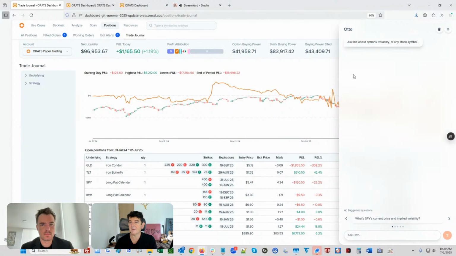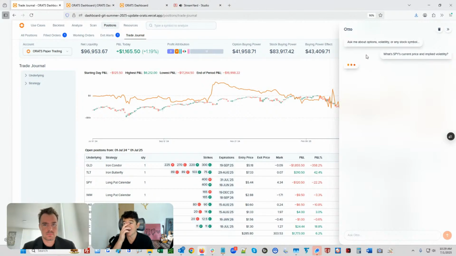And then you could ask Auto, like, what's the SPY current implied price and volatility. Auto on our site is very good at talking about our offering and where to get the data and what we do. But now Auto has been trained to go into our data and research much deeper questions on implied volatility levels and current price levels and all that.